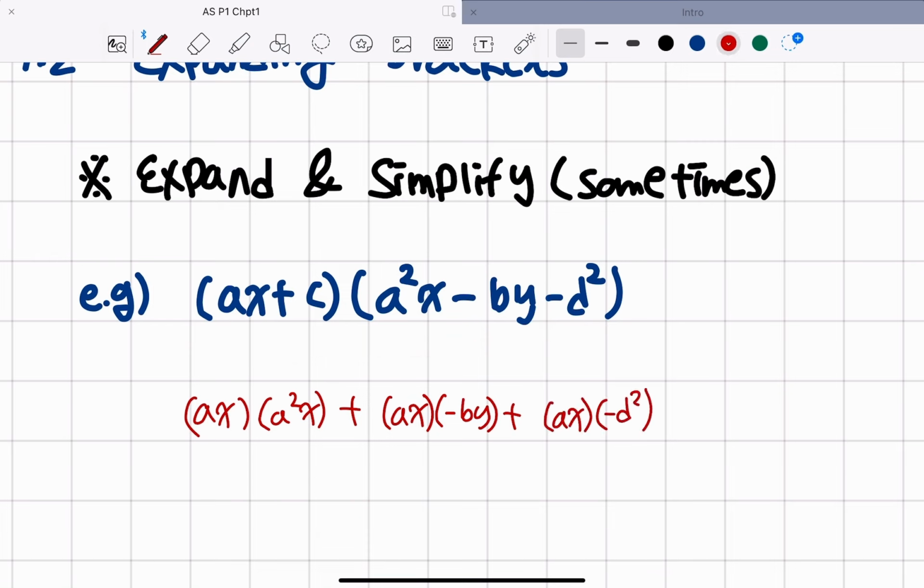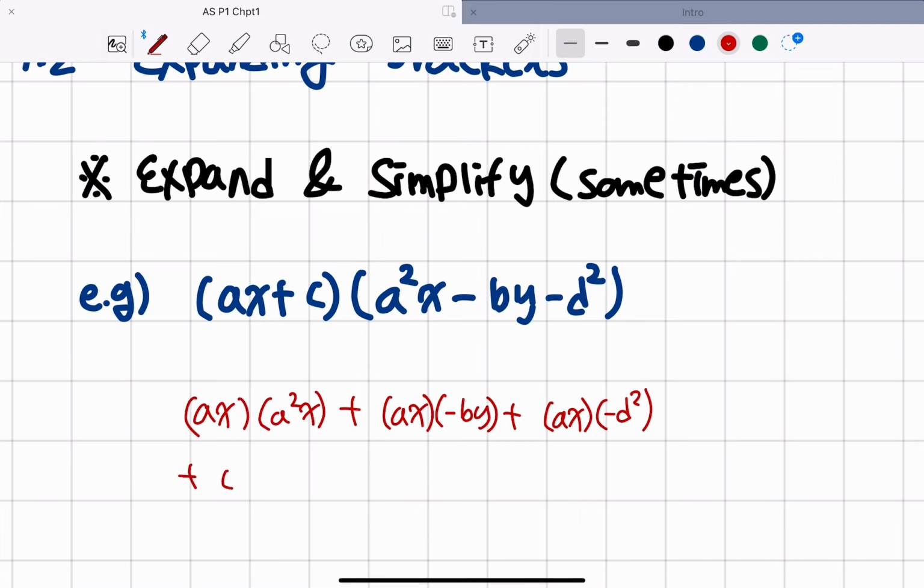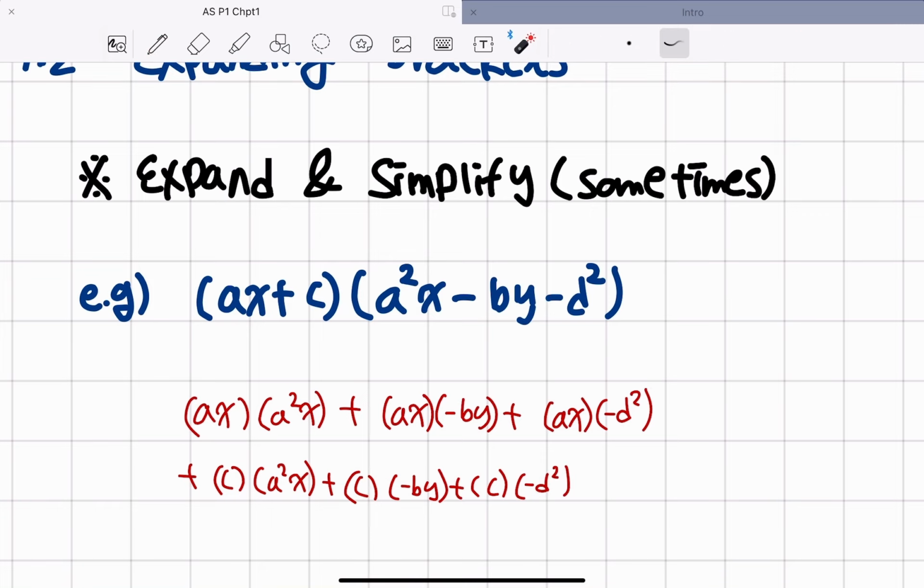And next one, we multiply with c the same 3 times, so c times a²x, plus c times minus by, plus c times minus d², which is the last one.